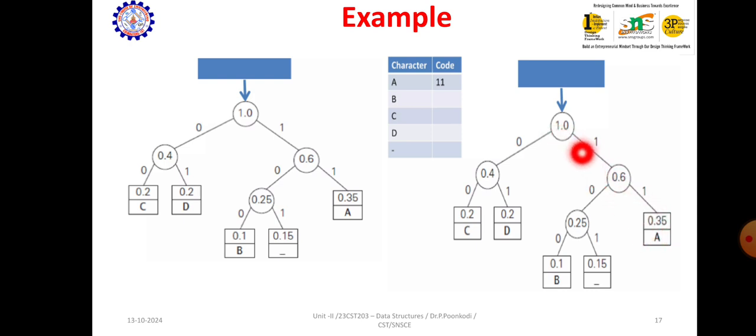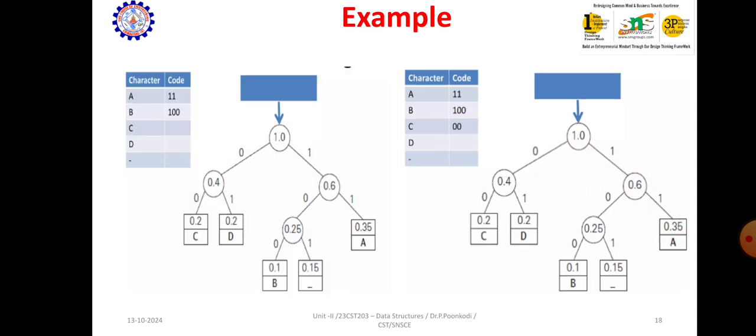From the root, if I read 1 and then again 1, I am able to read the character A. Similarly it is done for B also. For B, first we travel to the right side, then to the 0.6. Again B is placed over here, so left side, next again left, so 100.